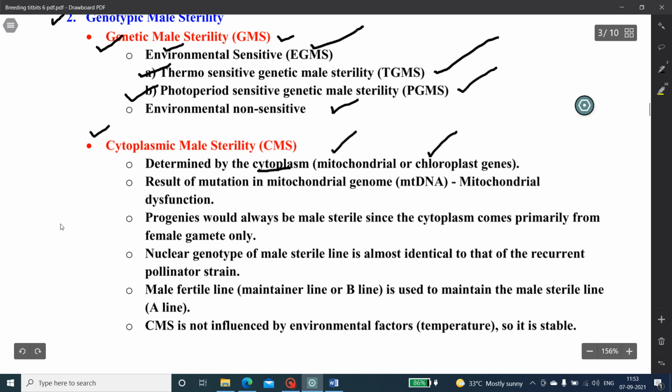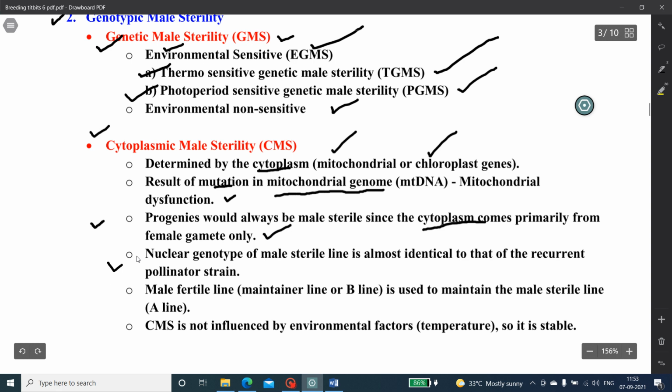And this results from mutation in the mitochondrial genome, mtDNA, that is a mitochondrial dysfunction. And the progenies would always be made sterile, since the cytoplasm comes primarily from the female gamete only.